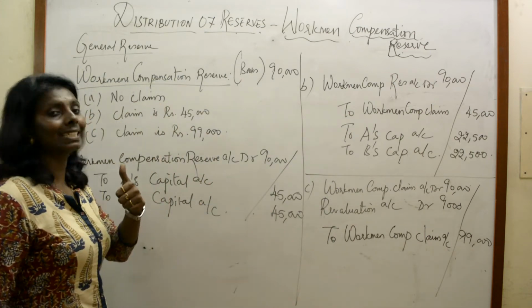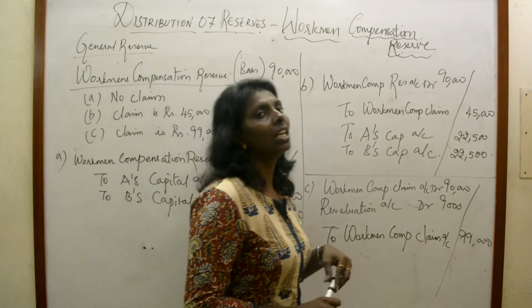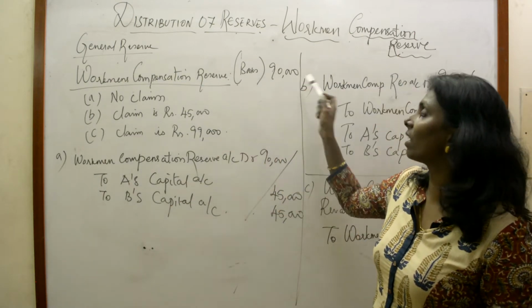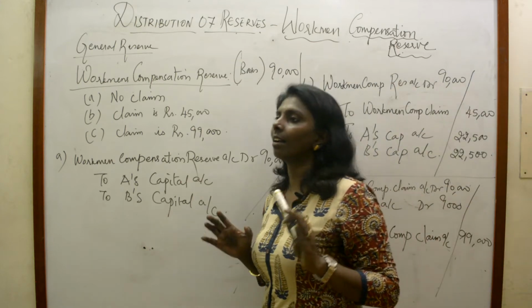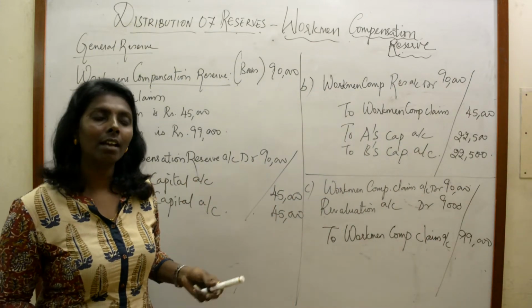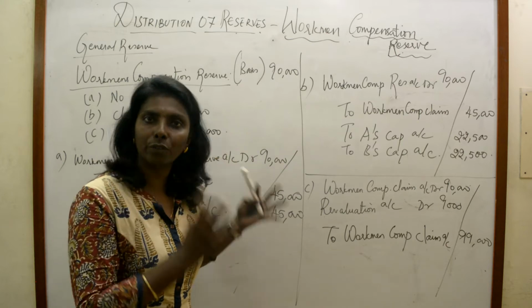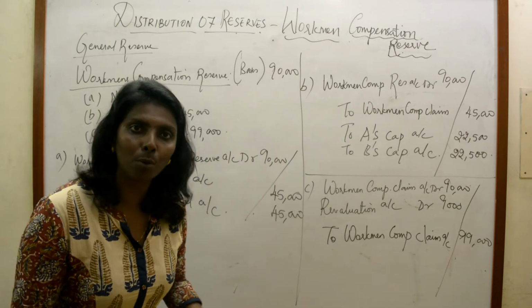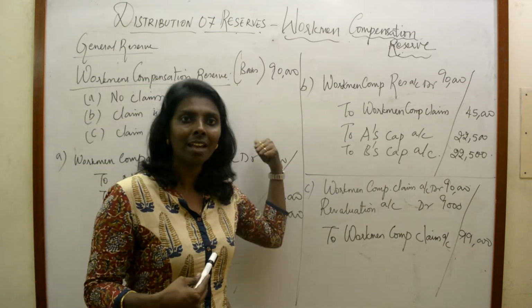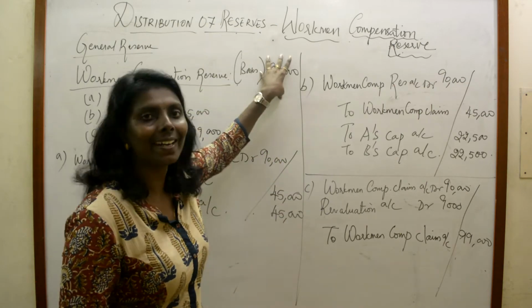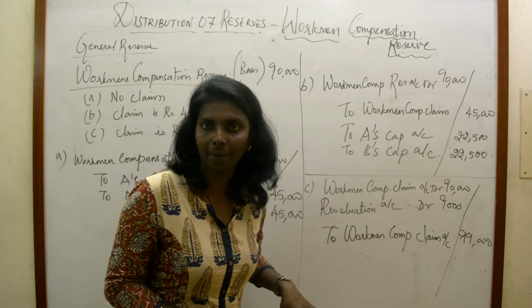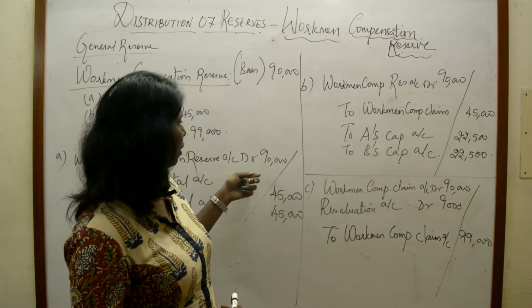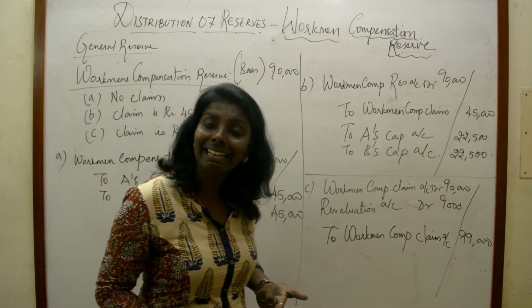Let's go to case 3. If you see, the claim amount is more. It is 99,000, but the reserve we have in hand is only 90,000. Again, if there is a claim, it will be met out of the reserve to the extent of the amount available. Here the claim amount is even more than the reserve that we have. So I'm using the entire 90,000 to meet the claim, but there is still a shortage of 9,000 because the claim is 99,000.